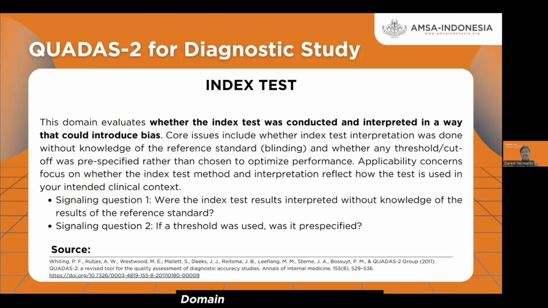Now, the second domain, index test. The index test domain focuses on whether the test being studied was conducted or interpreted in a way that introduced bias.